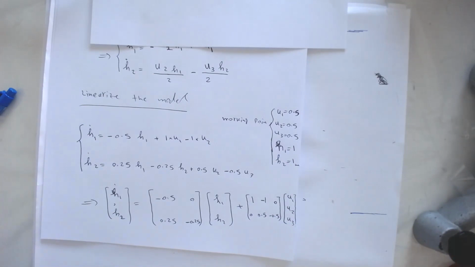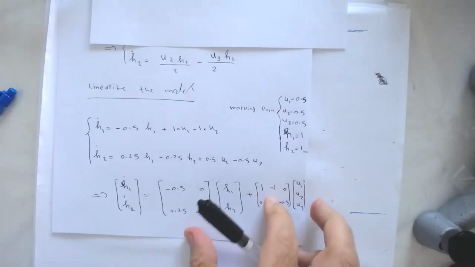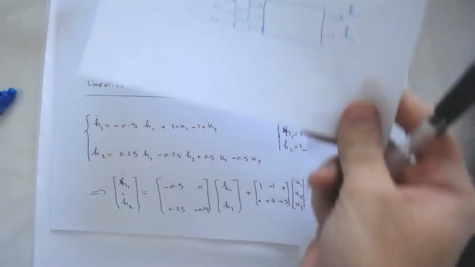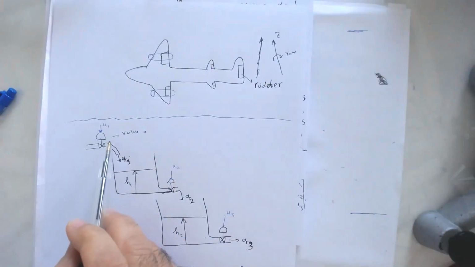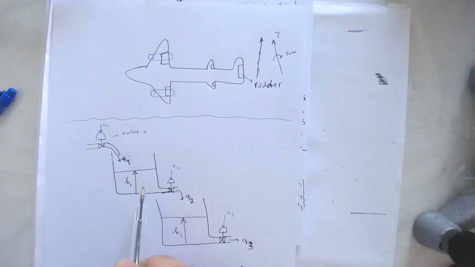That's pretty good. Okay. So what I want you to do is, maybe we can only simulate the linear system in MATLAB. So we simulate this system, and for now, we don't consider U2. We only use valve number 1 to control the level of water in tank number 1.